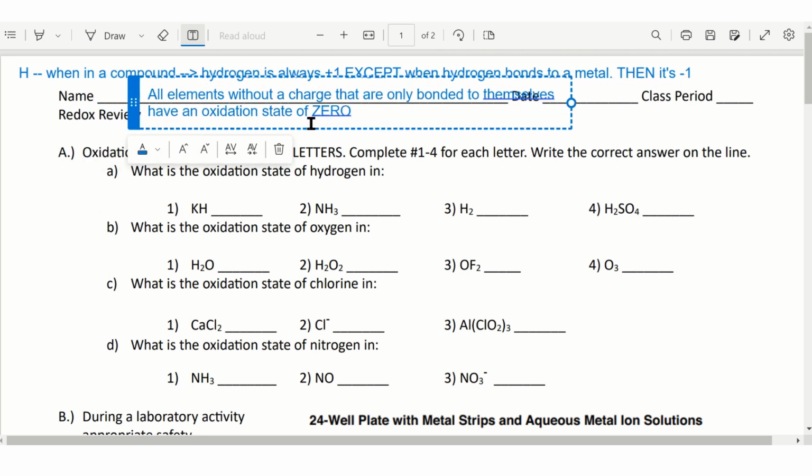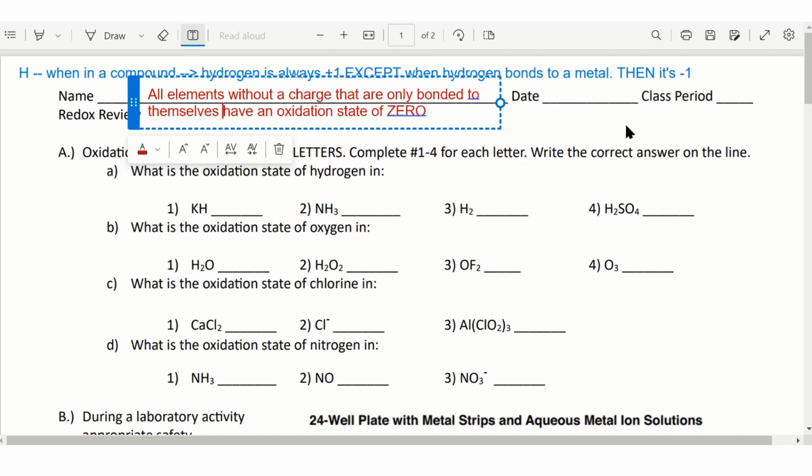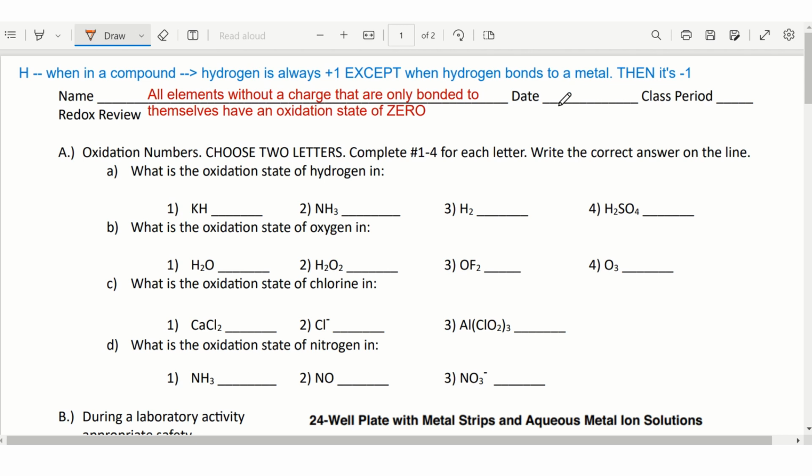First let me change the color here. I mean if it is just singular Na, if it is O2, if it is S8, those all have an oxidation state of 0.